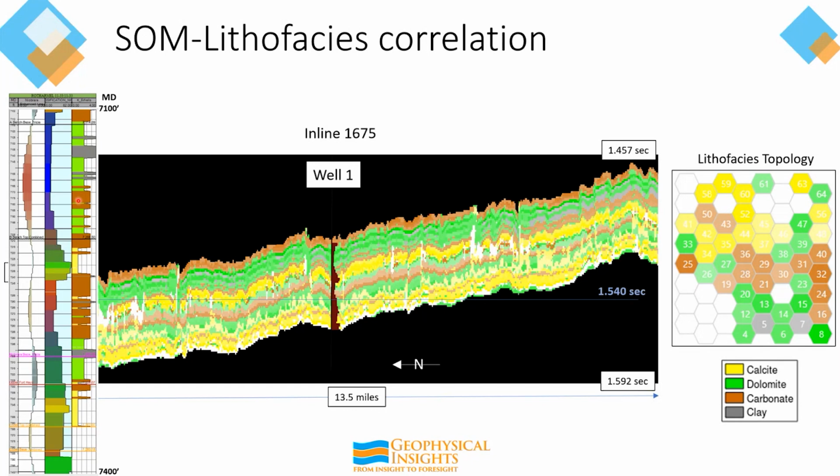We have here carbonate, which would be this brown carbonate, some dolomite, another carbonate, and then we get into the calcite here. Then here we get again the carbonate, what we're calling carbonate, and the dolomite. We are missing this stringer of clay in here. We have again carbonate topping the calcite, and then the calcite here. So I think that this is a very good correlation.